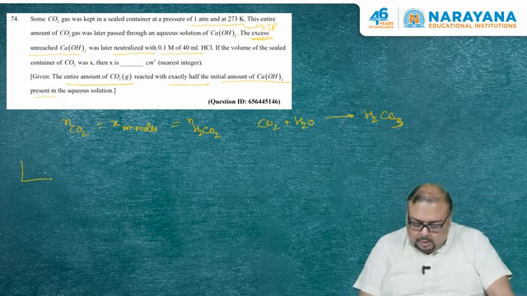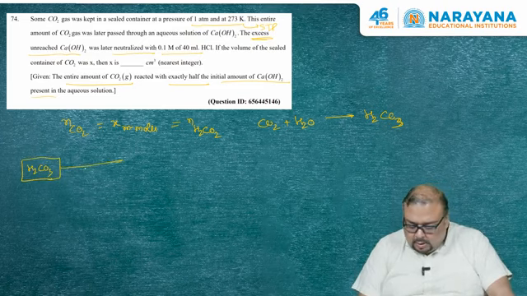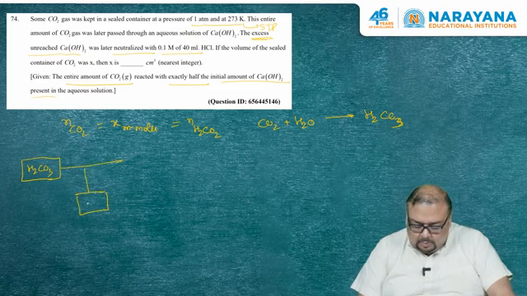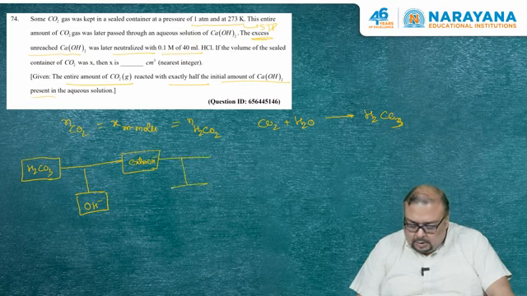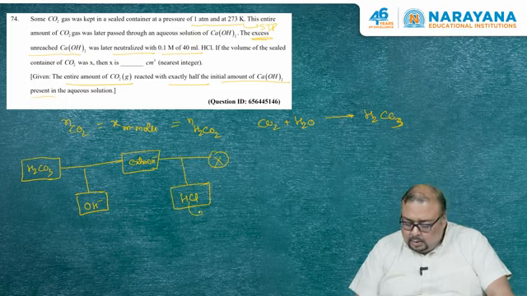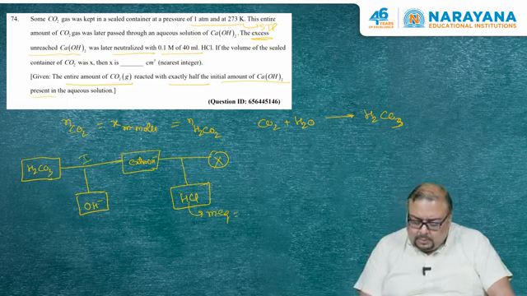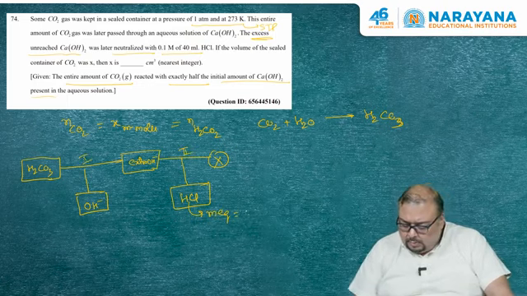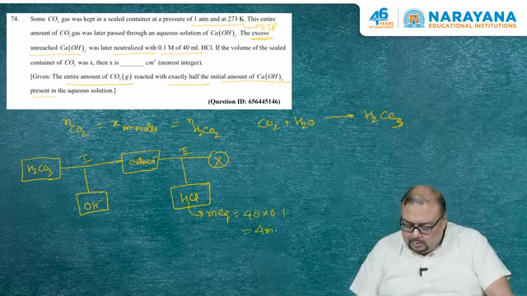Now, this H2CO3 is passed through a titration process, and calcium hydroxide will be a source of OH minus. Okay, and the extra OH minus which is left will be neutralized by HCl. Okay, so milliequivalents of HCl, which is used in the step 2, will be equal to 40 into 0.1, that is 4 MEQs.